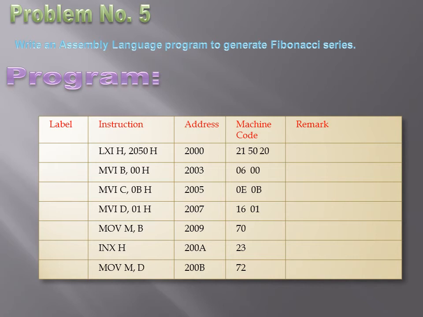For that, we start a pointer so that the contents are stored in memory. LXI H, 2050 means we are loading the HL pair with the address 2050. Then we move the first byte, 00, into the B register and 0B into the C register. 0B in C is the count, that is, the number of terms we will print, because the series would increase infinitely and we have to stop somewhere.